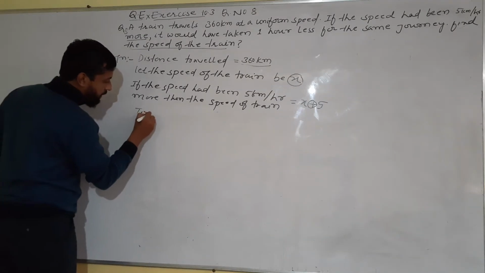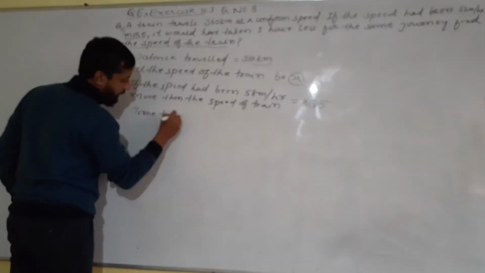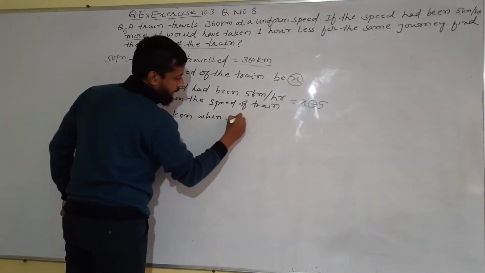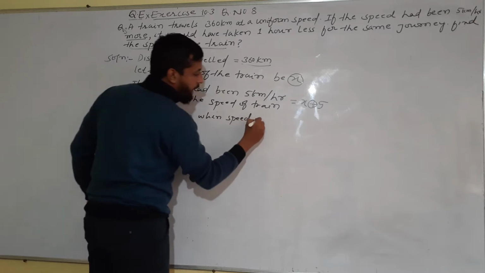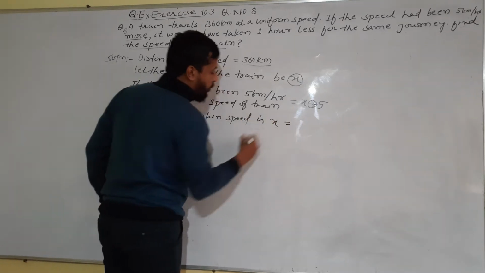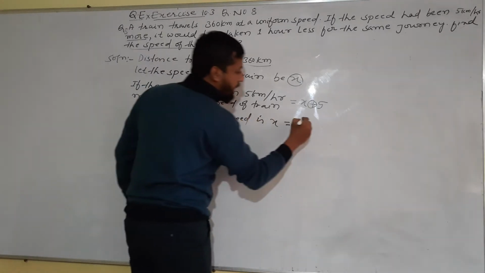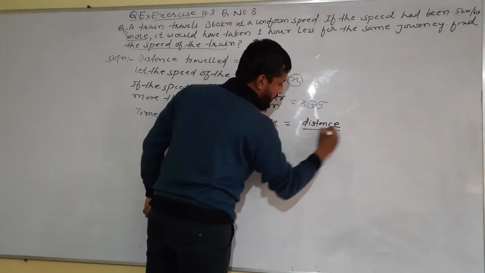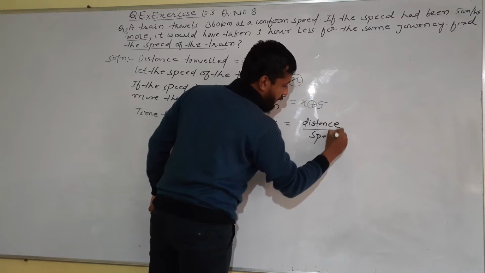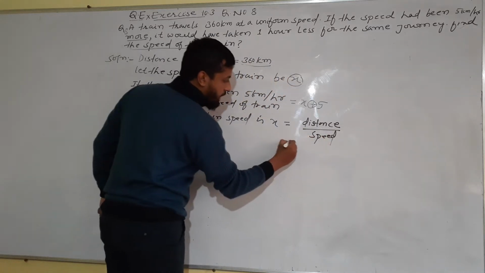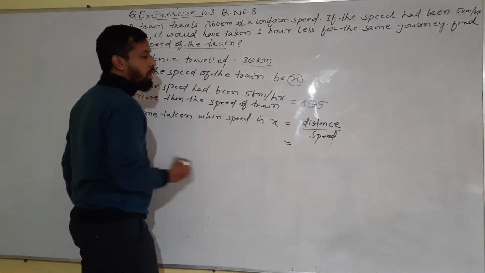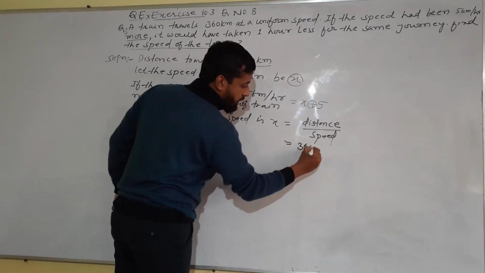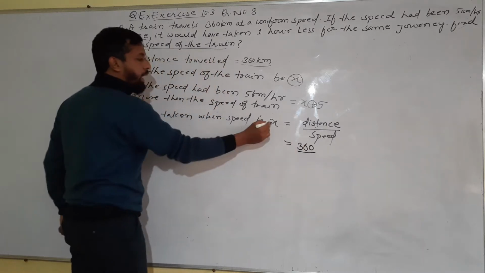Time taken when speed is x is equal to distance divided by speed. So this will be equal to distance, which is 360 km, 360 divided by speed, which is x.